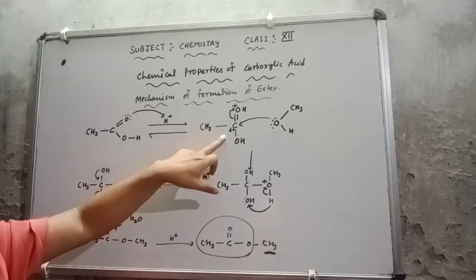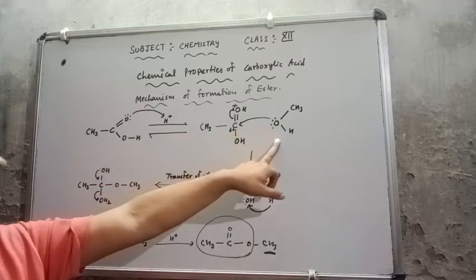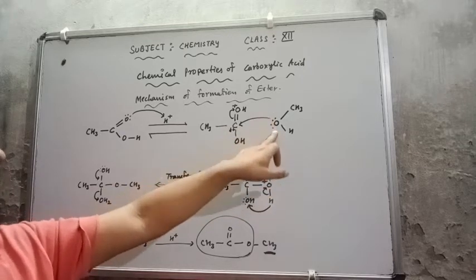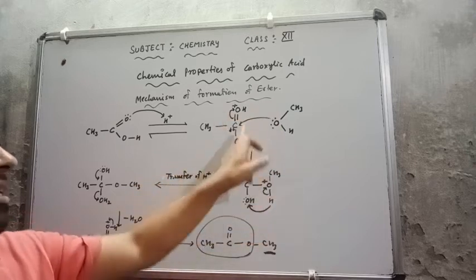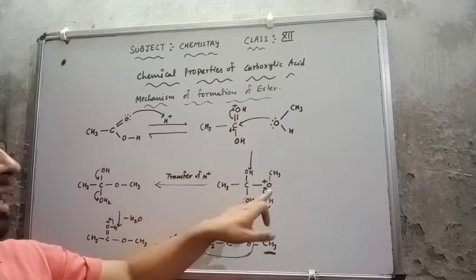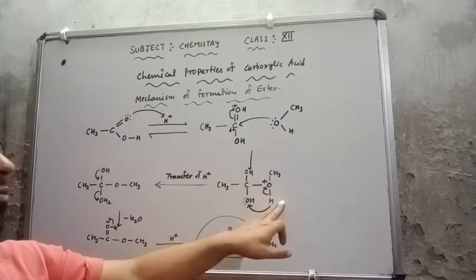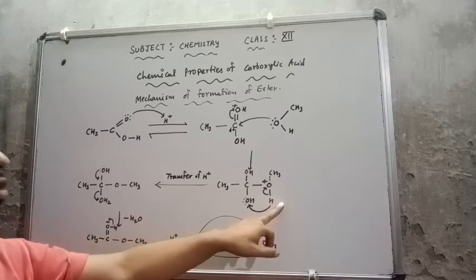How will it gain the electron? The alcohol molecule that is going to react with the carboxylic acid, the lone pair available on that alcohol will give its electron to the carbon, and as it gives the electron, it is going to attach in this way. Now after this the proton transfer is going to take place.